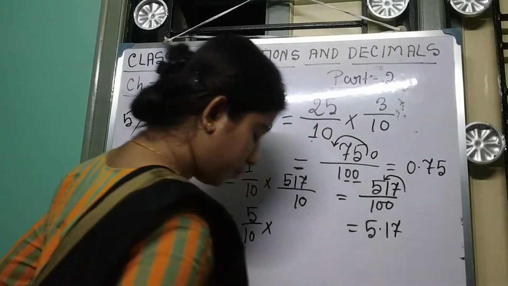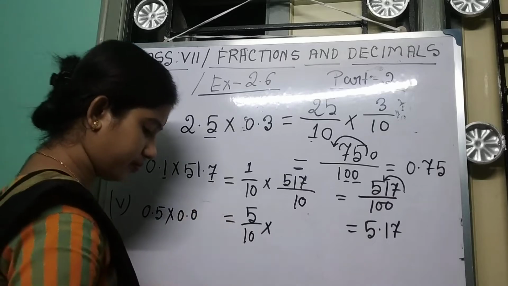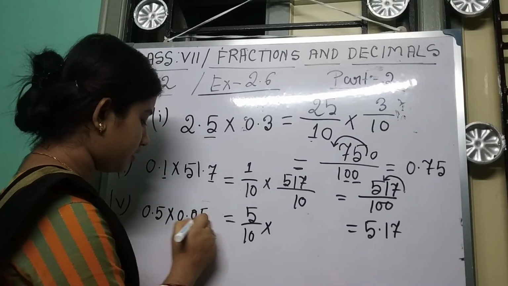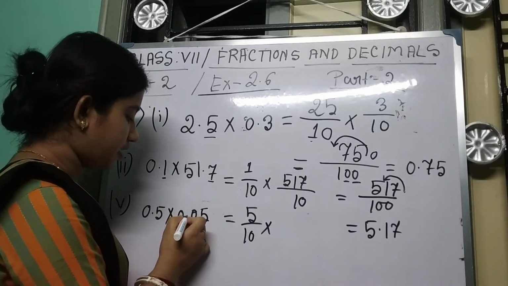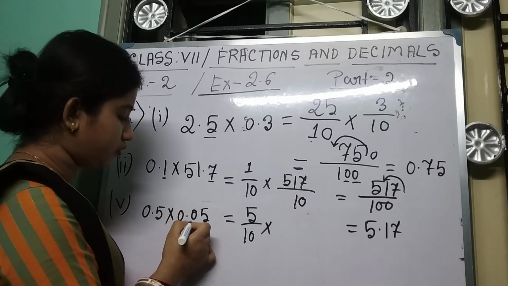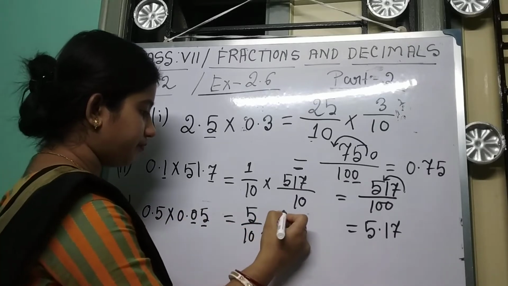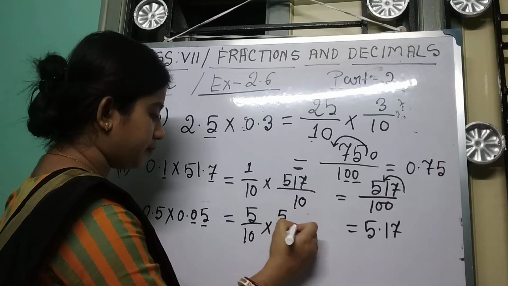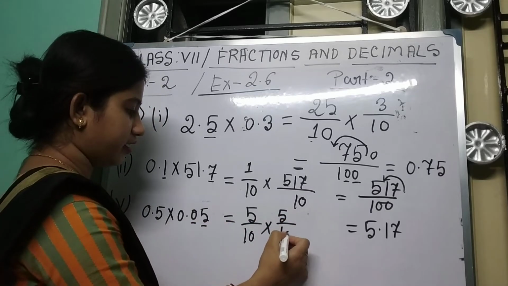Sorry, this is 0.05, not 0.005. 0.5 means 5 by 10, and 0.05 has two numbers after the decimal point, so we divide by 100.